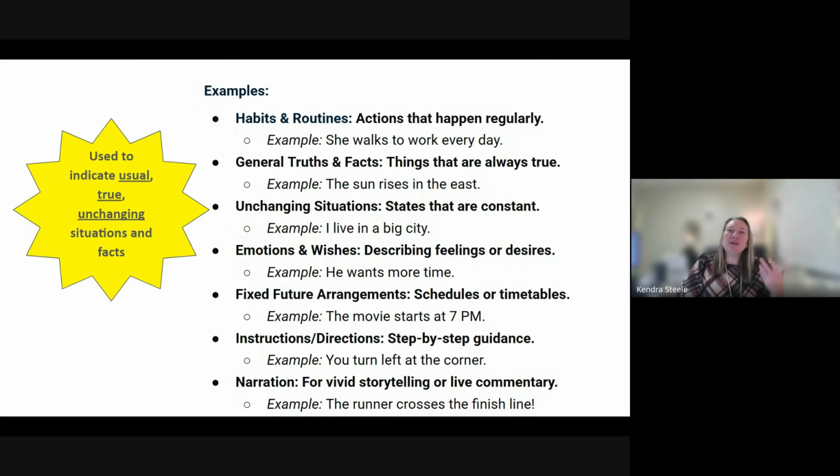Finally, we use the simple present tense when we're narrating something. Narration is when someone or something is explaining what is happening.